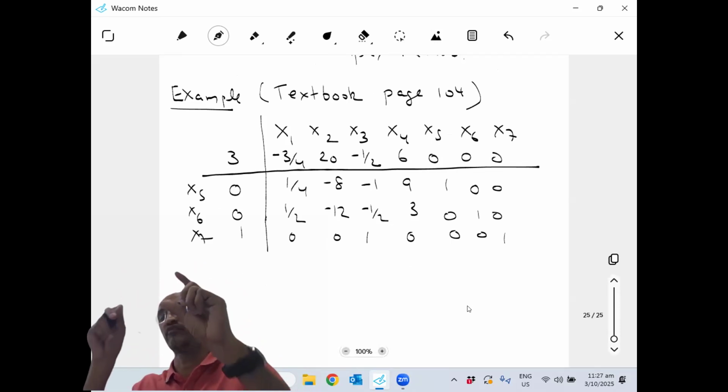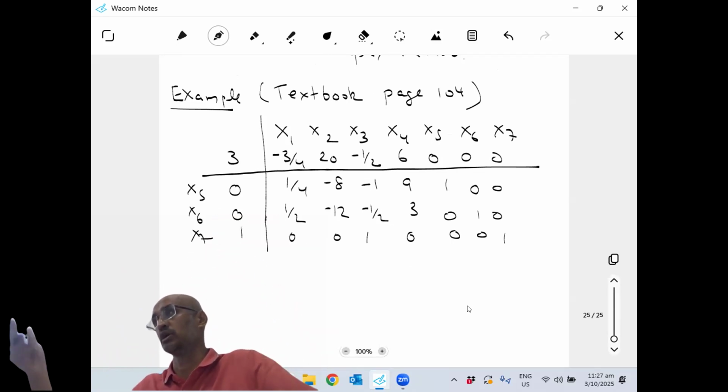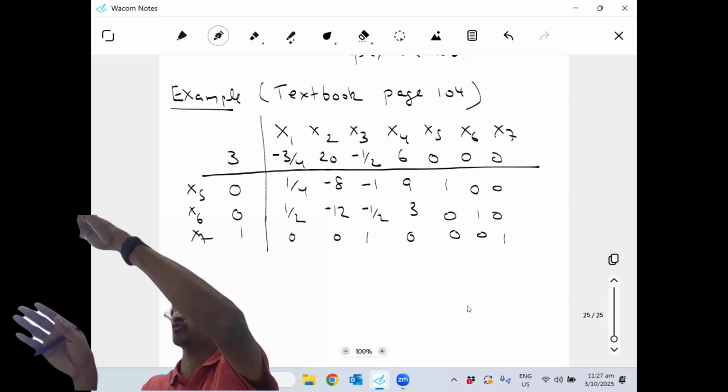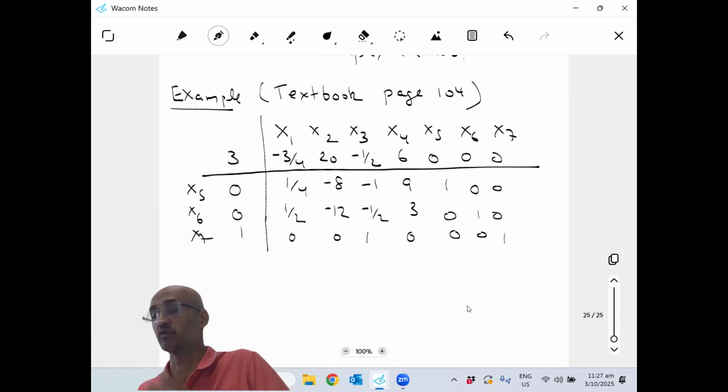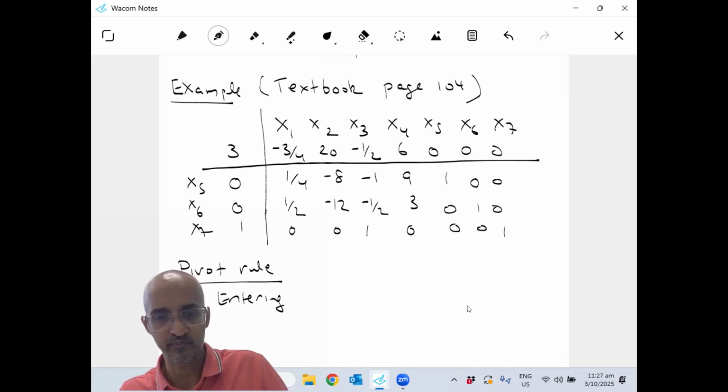What are the choices? If I've got more than one variable with a negative reduced cost, I have to choose which one to enter. If I've got multiple variables which attain the minimum in the minimum ratio test, I have to choose which one has to leave. So suppose we use the following pivot rule. One, the entering variable is the most negative reduced cost.